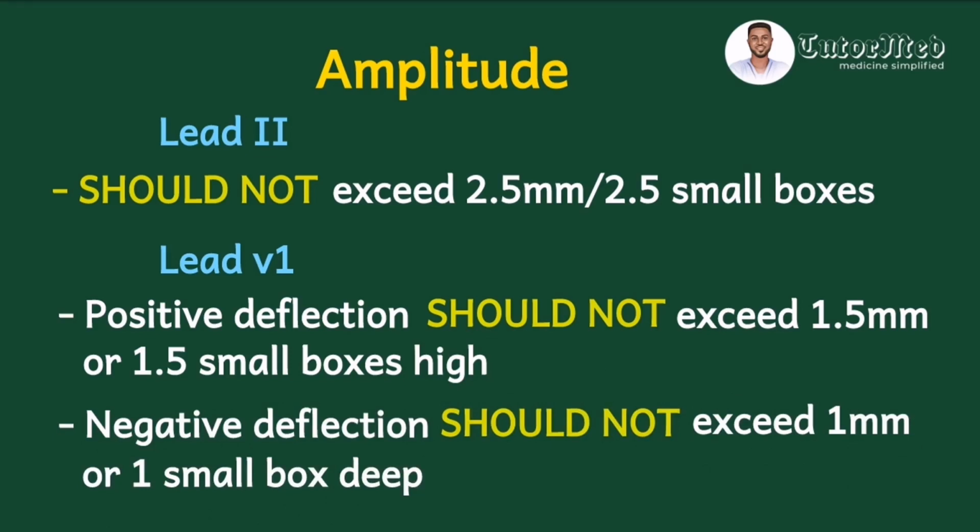So the way I like to think about this is that for lead 2, the maximum height the P wave should get is 2.5 millimeters, and this is a combination of both the right and the left atrium. And so when it comes to lead V1, if the first deflection, which is for the right, should not exceed 1.5 millimeters, then it makes sense that the negative deflection should not exceed 1 millimeter or 1 small box, because when you add the amplitudes of the two atria, you should get 2.5 millimeters, right?